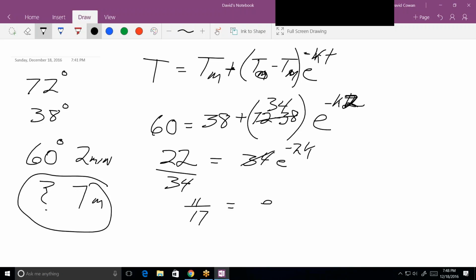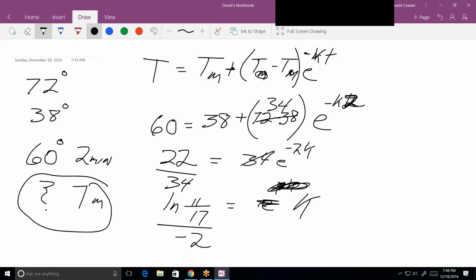And then take the natural log of both sides, and you get natural log of 11 over 17 equals negative 2k. And then divide both sides by negative 2, and that's the exact answer for k. Again, we're going to have a negative numerator and a negative denominator, so k comes out to be positive.